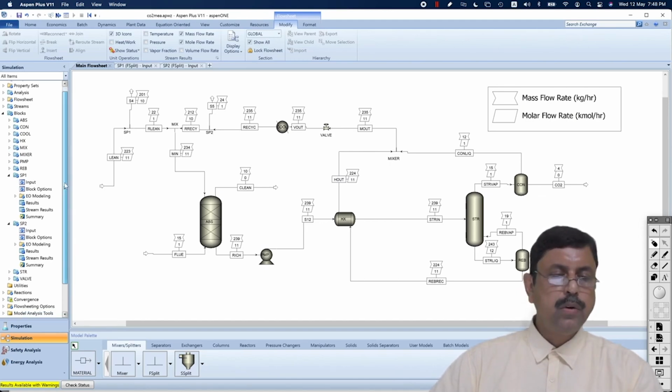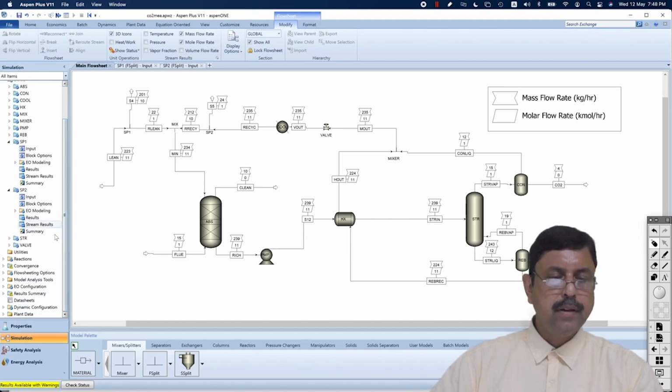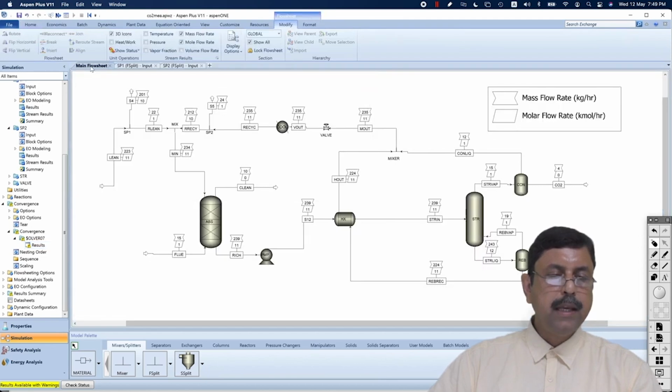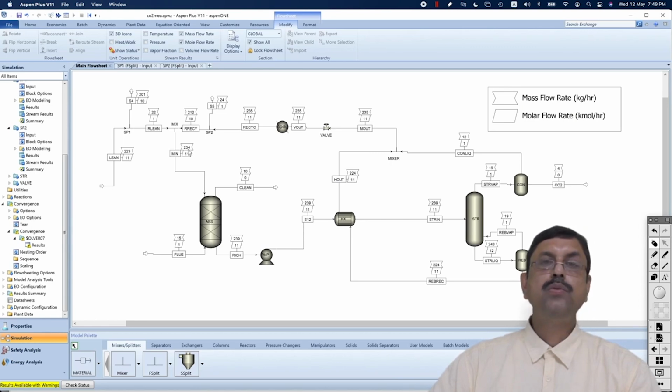Okay, here you will notice although we have got some result, we are having some warning of convergence. Streams crossing the loop converged by solver are not in mass balance. There is a problem of the mass balance, mainly because earlier when we were sending lean amine, it was only 223 kg per hour, but we have increased it to 234.